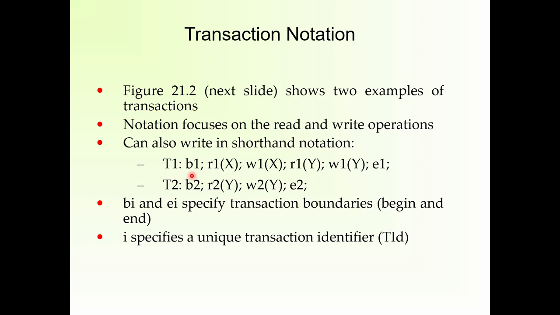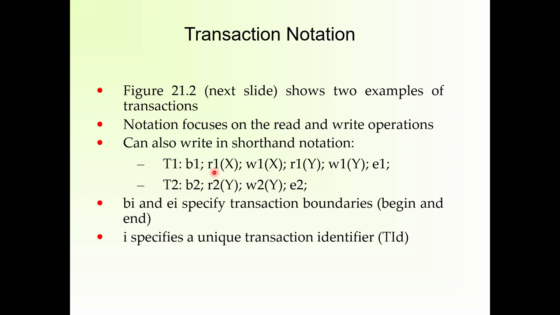B indicates the beginning of the transaction and E indicates the end of the transaction. These transaction IDs are unique. Once T1 is taken for a transaction, it is not repeated for the next transaction.